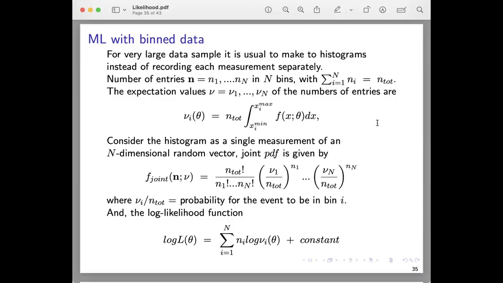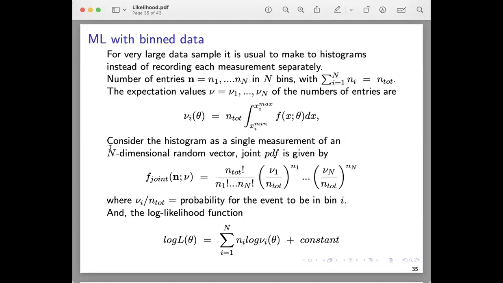This mu i is not just the probability. The probability is the integration of the PDF within that bin range. That probability times the total number of events gives you the expected number of events in that bin. Yes, exactly. This is the expected number of events in bin i.